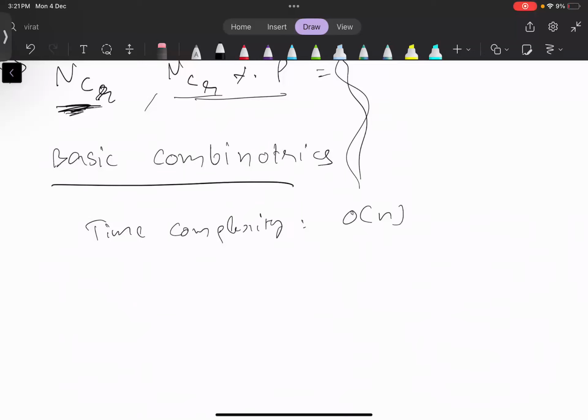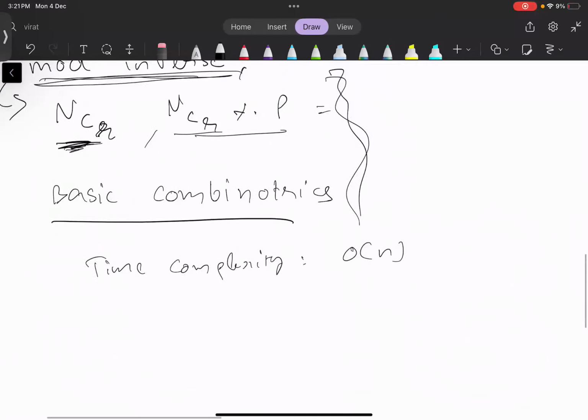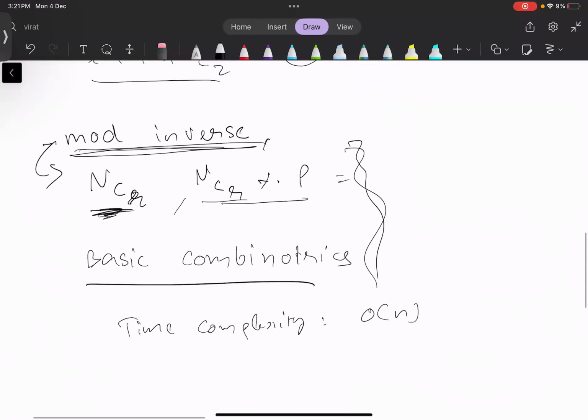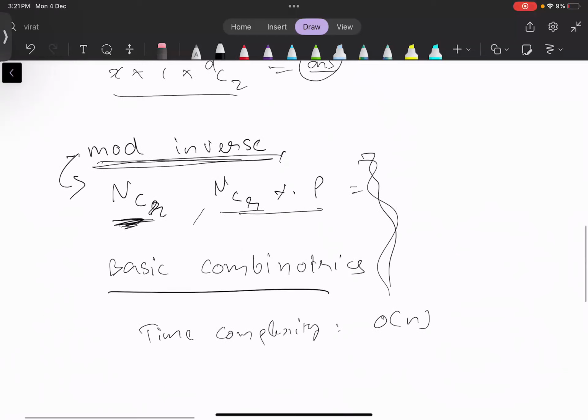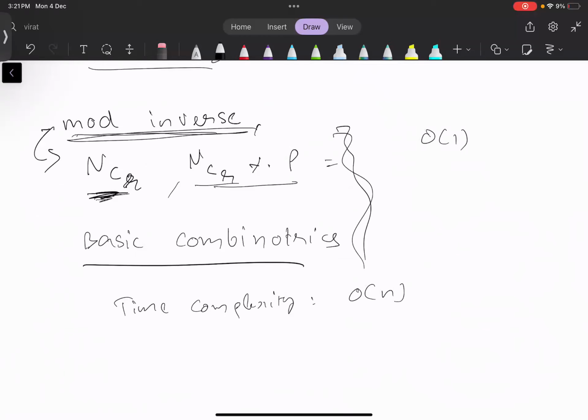So we are calculating NCR here. What will be its time complexity, like that theorem you mentioned? Okay, so the time complexity for finding NCR will be just O of 1 only, because Fermat's little theorem is a very efficient way of calculating it.